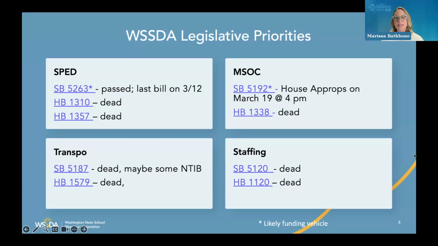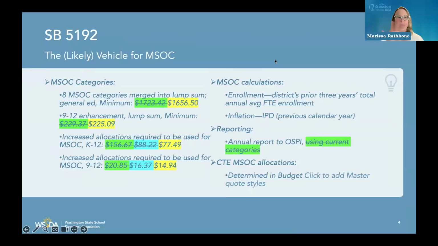Okay, progressing towards some of the slides in this PowerPoint presentation, there's an overview here of where the current versions of MSOC and SPED are. I would tell you don't get too excited or too depressed about any one of these numbers because all of this is subject to change. I will note though that the trajectory of both the MSOC and SPED bills has been on a downward slide.